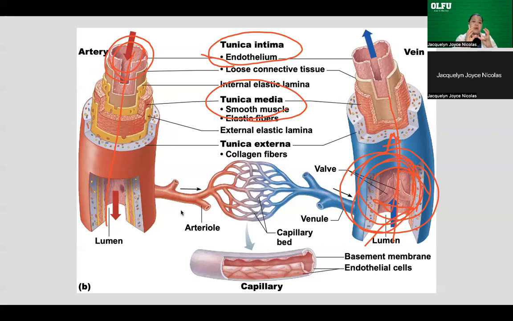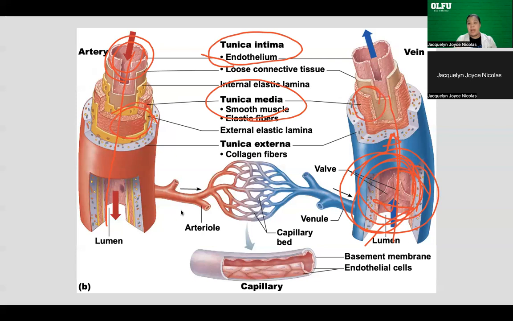And for the vessel to manage that increase in pressure, of course, it requires support. So that's why, if you can see, the tunica media of our artery is way thicker than that of our vein. The tunica media of the vein is thinner than the artery.